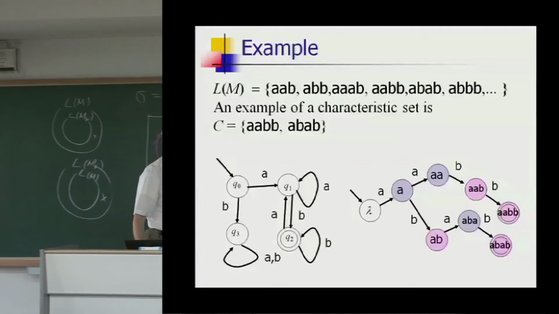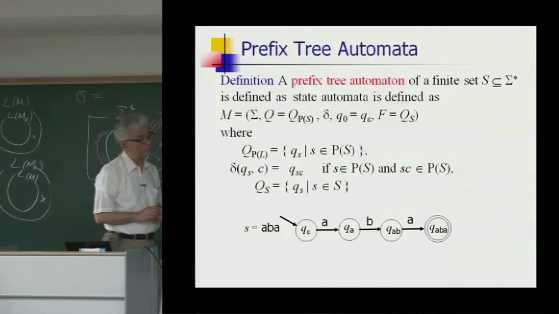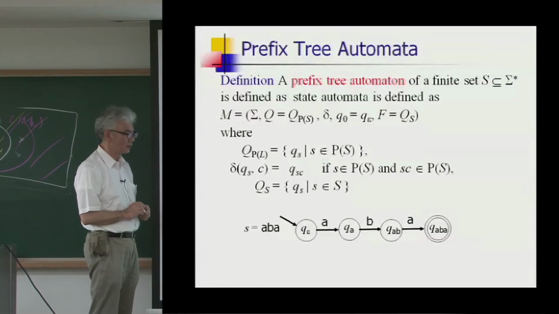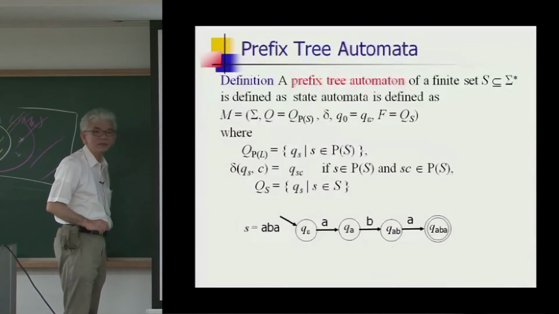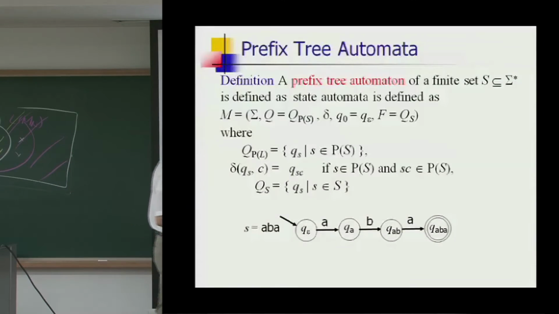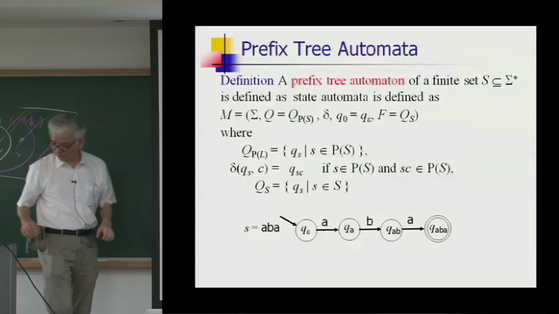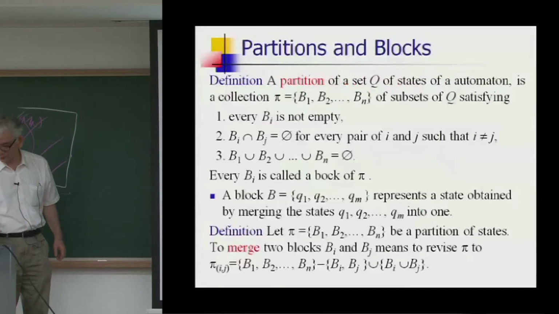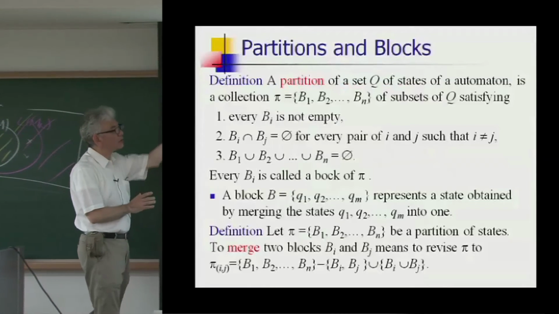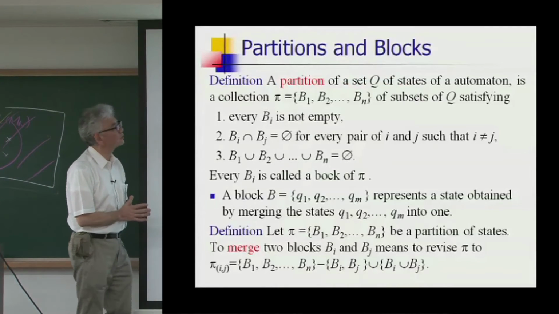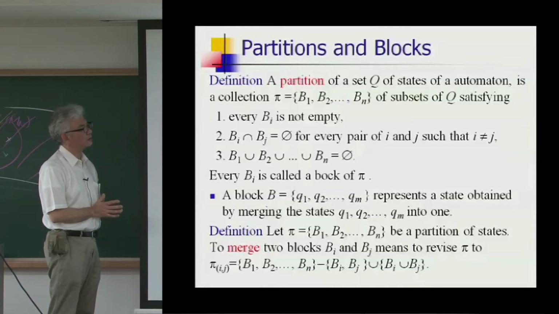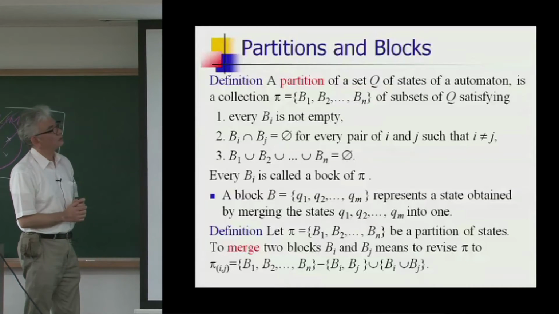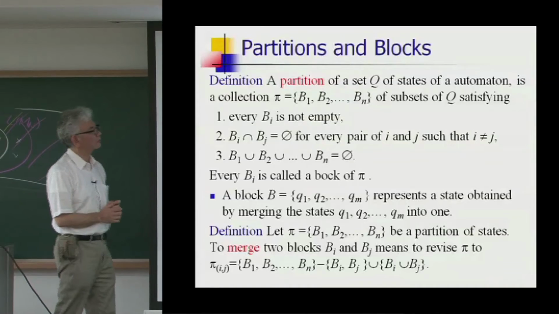Mathematically, we give some definitions, and again, we refer to the prefix tree automaton here. These are very simple definitions. All of the prefixes of positive examples are used as states, and a partition of the states is a set of subsets of states.